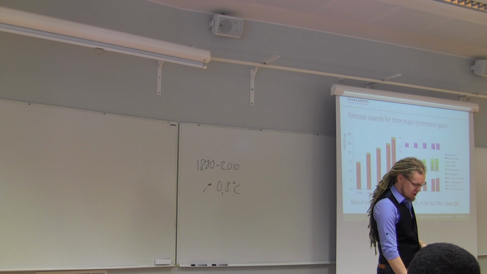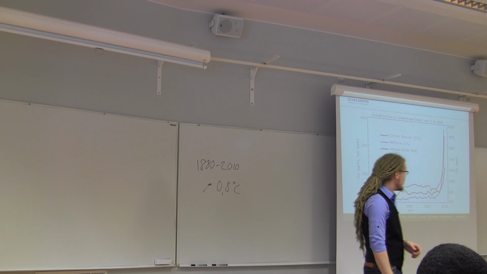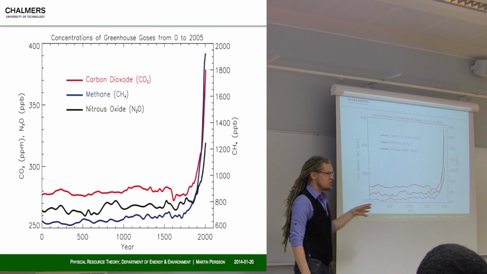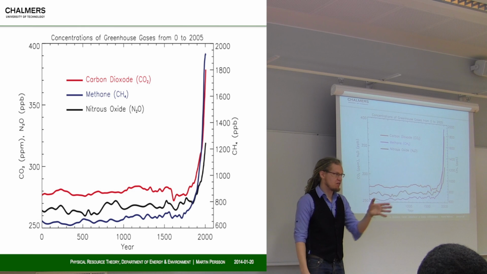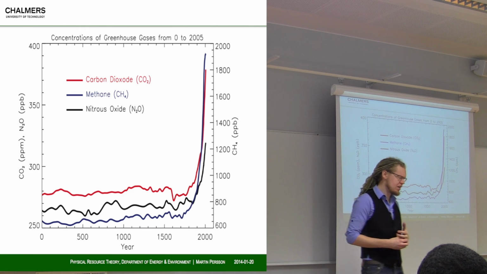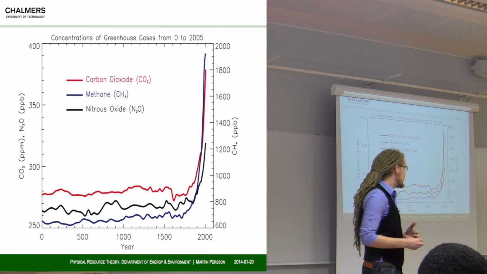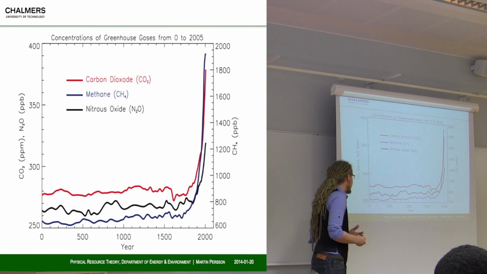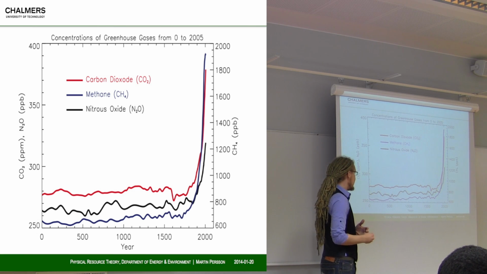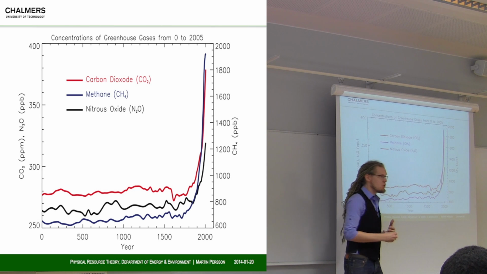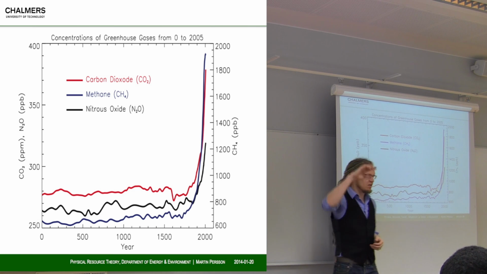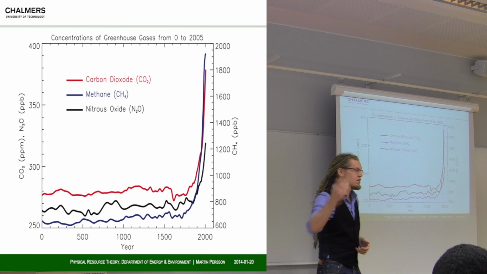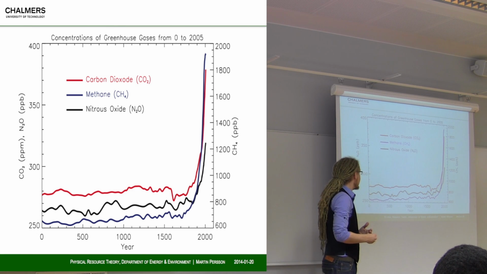Unfortunately I don't have the picture here, but measuring carbon dioxide concentration directly in the atmosphere from year to year started in, I think, the 1960s, by a man called Keeling, at a place in Hawaii, Mauna Loa. Some of you might have seen this curve.